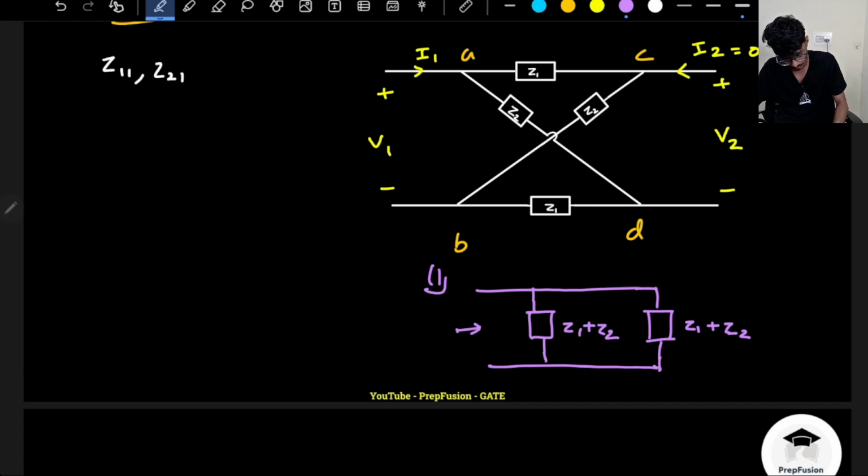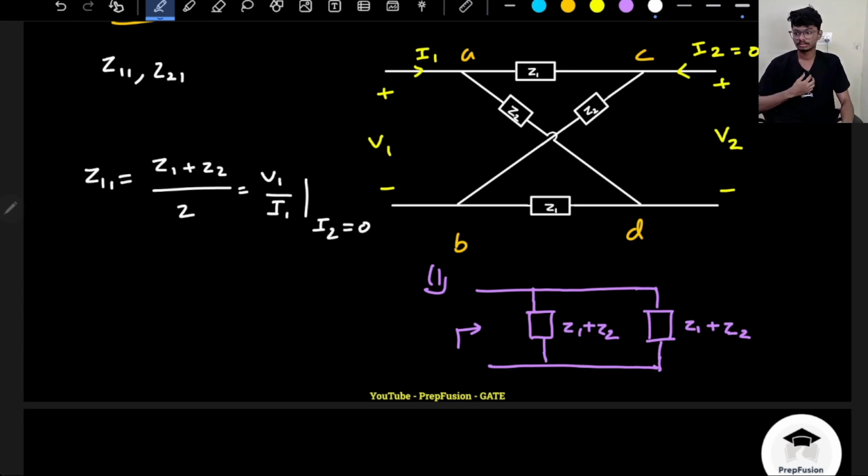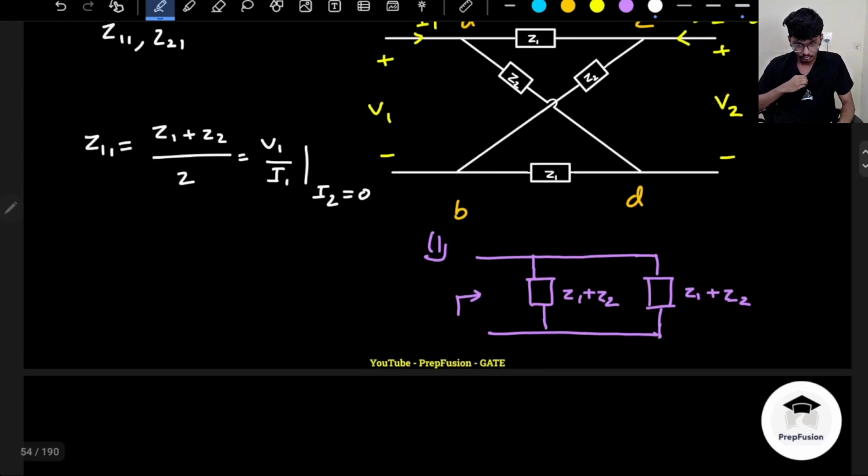So Z11 will be the parallel combination of Z1 plus Z2 with Z1 plus Z2, that is Z1 plus Z2 divided by 2. This is the ratio V1 by I1, the input impedance when I2 is 0. Now we have calculated that.